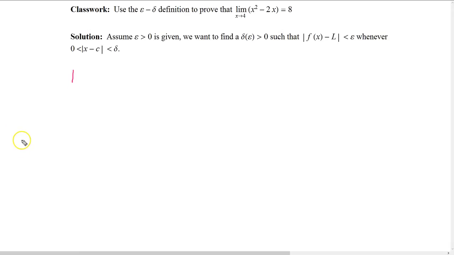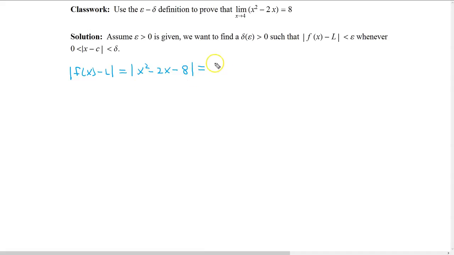So we begin by looking at the absolute value of f of x minus L, and now let's manipulate that.